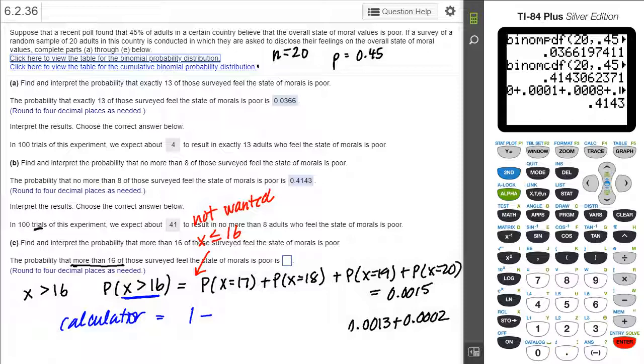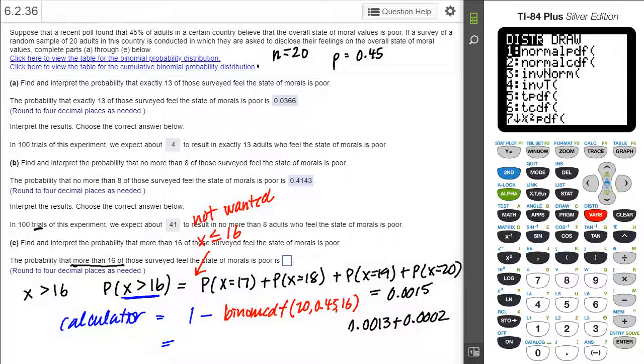So we want 1 minus the binomial CDF: n, p, x to 16. Get rid of all those probabilities, 16 and before, to give us the probabilities that are left over. So 1 minus the distribution menu, down to the CDF.